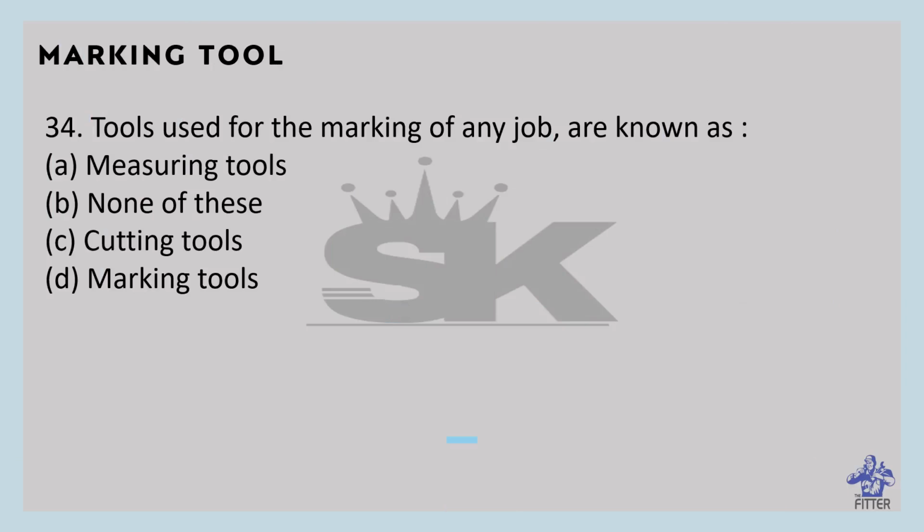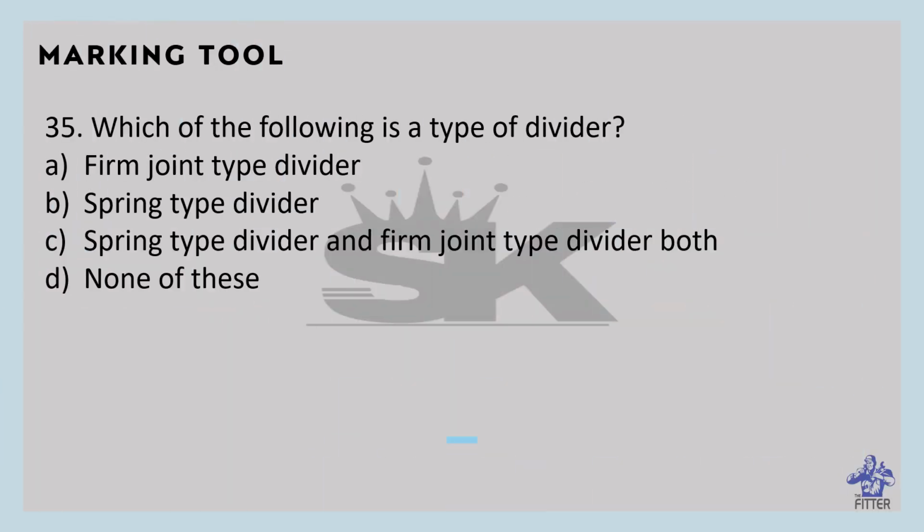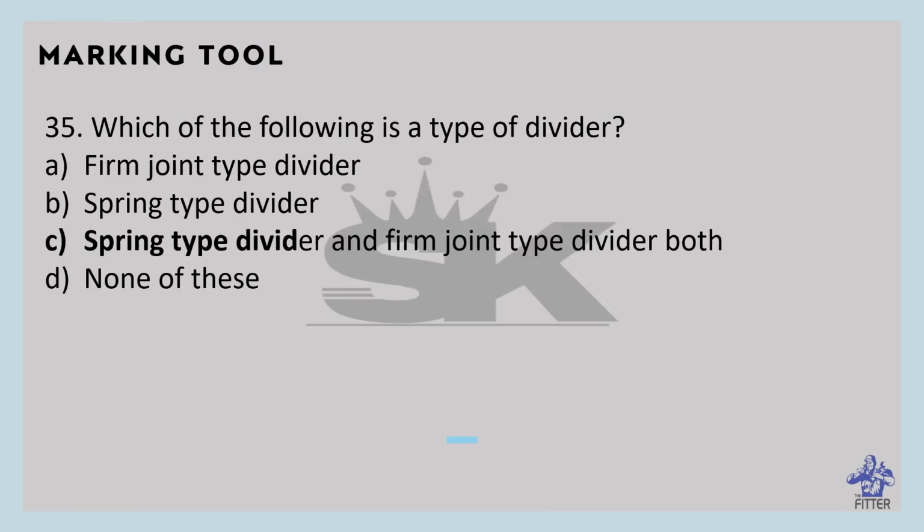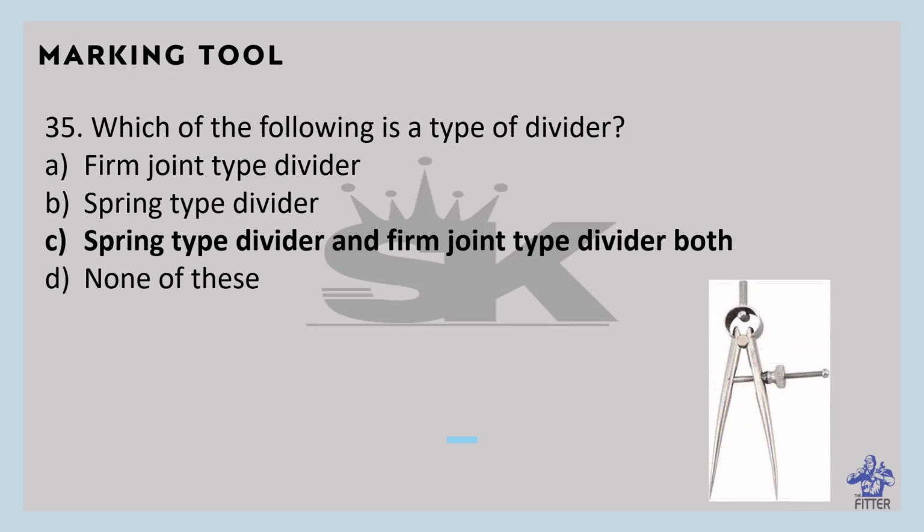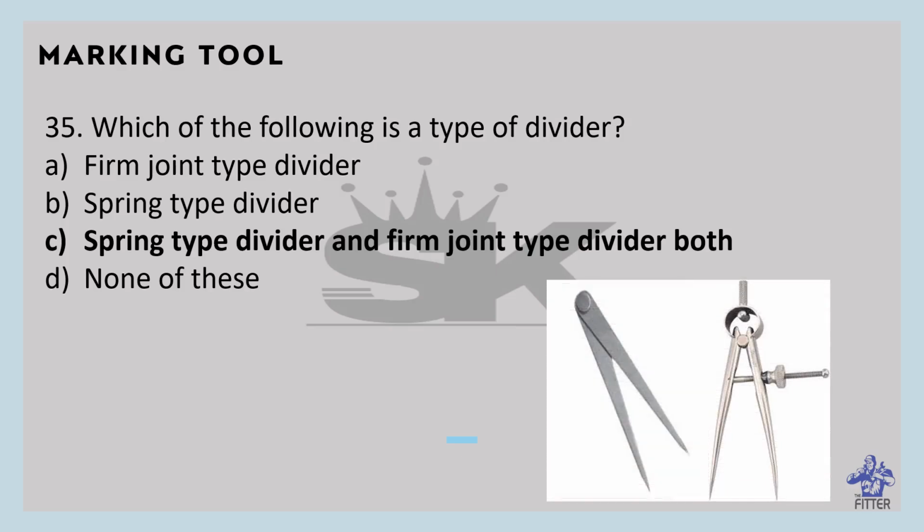Tools used for marking of any job are known as marking tools. Which of the following is a type of divider? That is spring type divider and firm joint type divider. You can see in the picture the spring type divider, and the next one is the firm joint type divider.